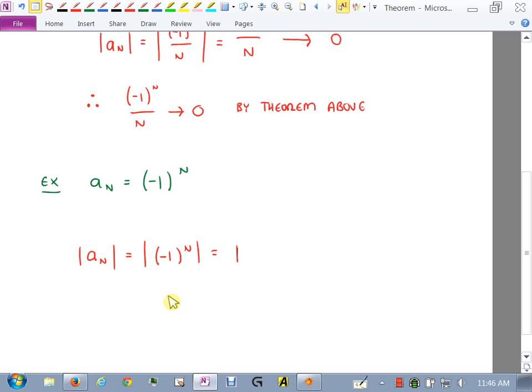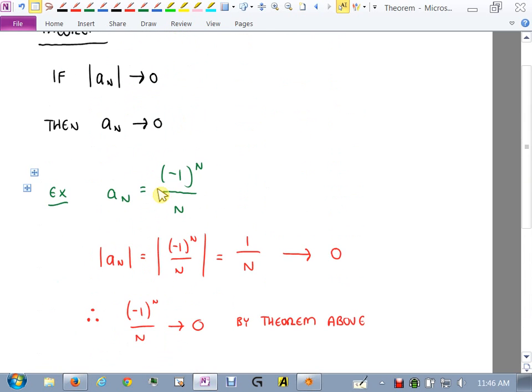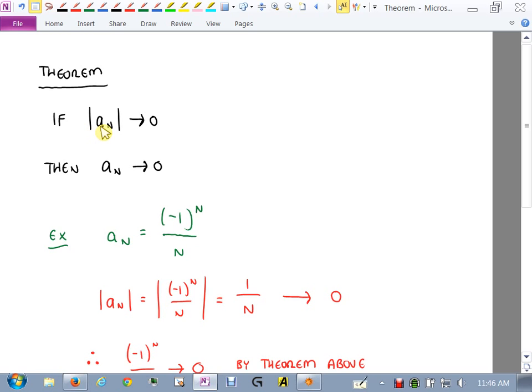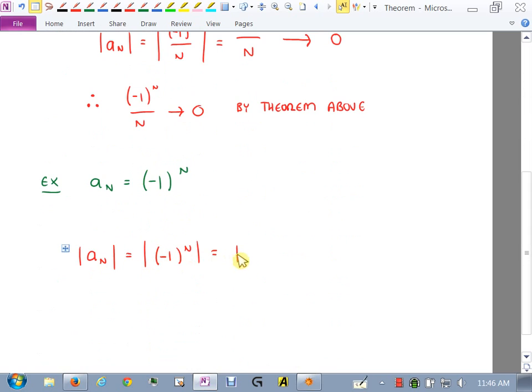So since the absolute value converged to 1, does that mean this one converges to 1? No. What does the theorem say? If the absolute value of a sequence goes to 0, then the sequence itself goes to 0. If the absolute value goes to something other than 0, it's inconclusive. We can't use this theorem. So the theorem does not apply.